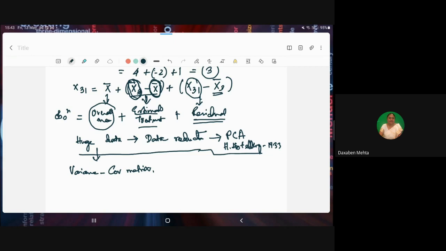When we are dealing with PCA, we basically want to know which independent variables are significant, because all are not equally important.